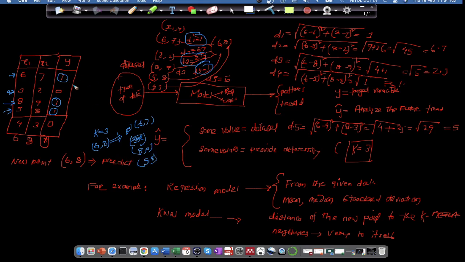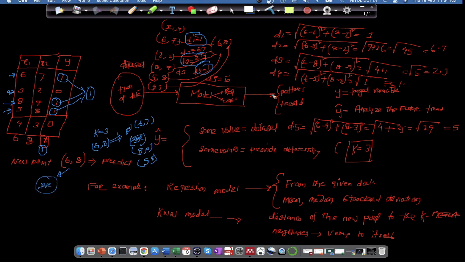Now we'll see what is the value of y in all these 3 points. Here it is 1. So if it is 1, then this new value should be 1. That means the newly coming point falls in the positive class, right? Positive class.